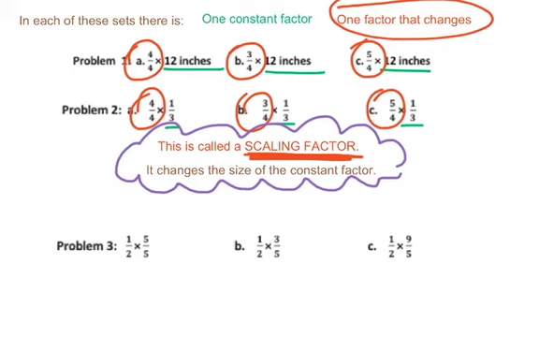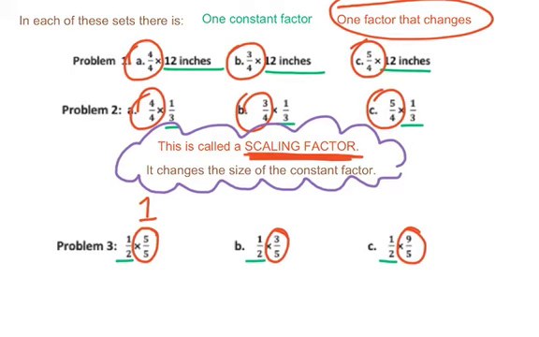Okay, so taking a look at this last problem set, this last example, I have my constant factor as 1/2. And I have my scaling factors, 5/5, 3/5, and 9/5. So you can start to make these predictions based on the patterns. So we know that 5/5 is 1.